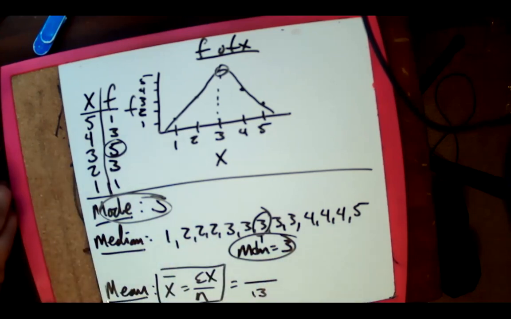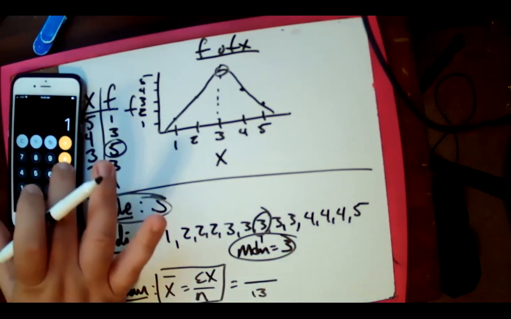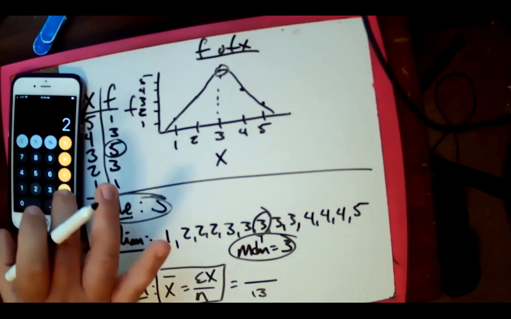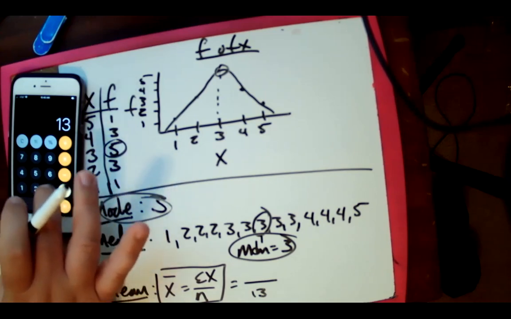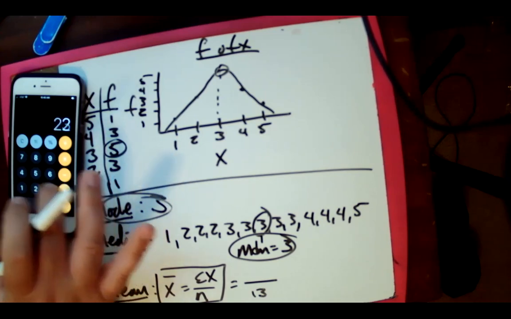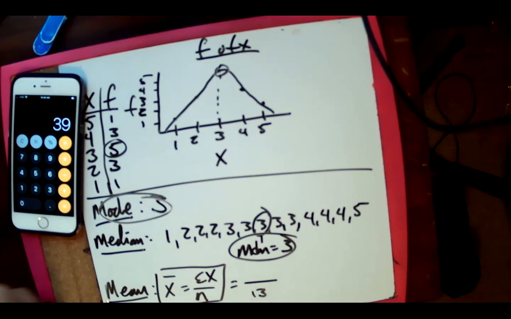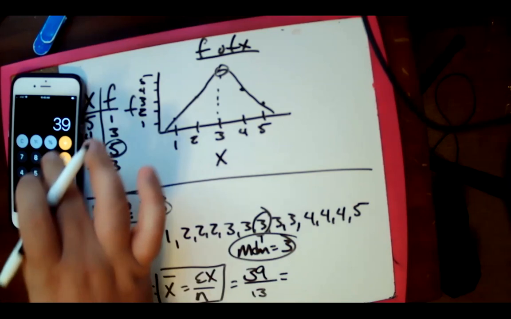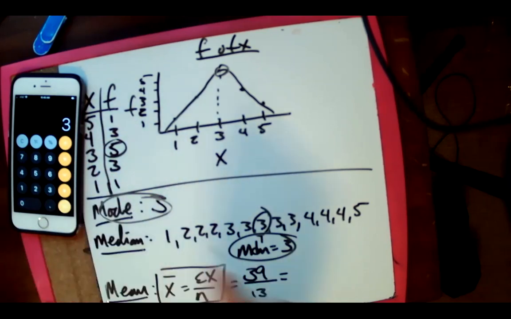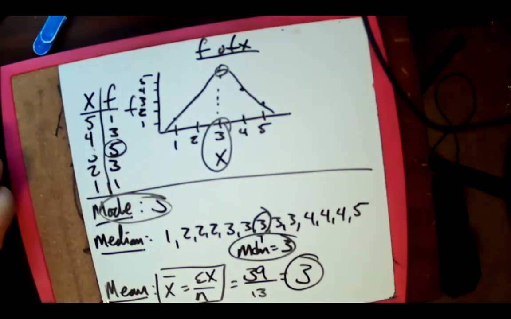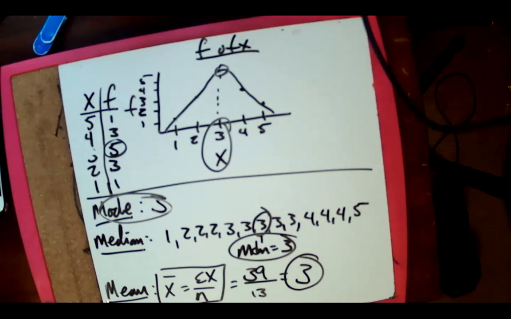So now we add all these together: 1 plus 2 plus 2 plus 2 plus 3 plus 3 plus 3 plus 3 plus 3 plus 4 plus 4 plus 4 plus 5 is 39, right? So our sum of x is 39 divided by 13. And guess what we get? 3. Woohoo, right? So the mean, median, mode are all the same number if you have a perfectly normal distribution.